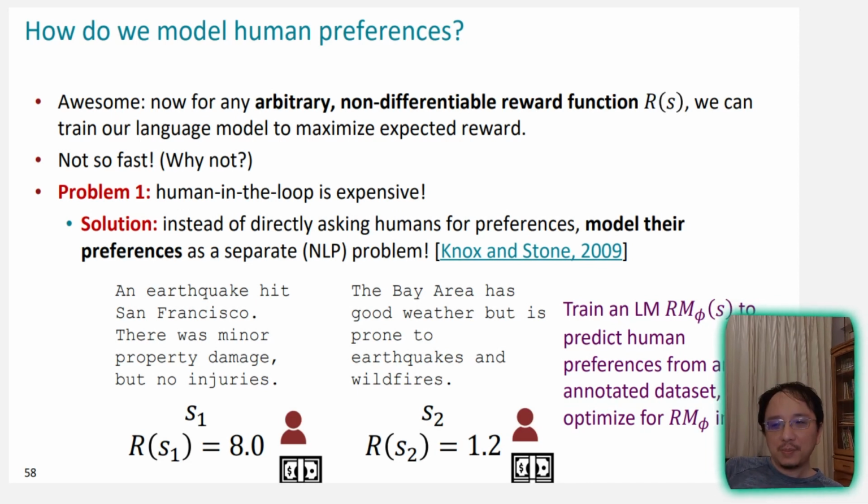Although it doesn't seem like much, because we still have to train two models, one is a generative model and the other is the reward model. But the thing is, the reward model is a supervised model and it's much easier to train than the generative model. So this is still a step forward.